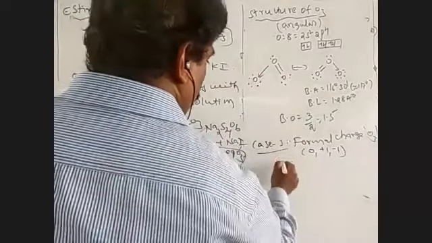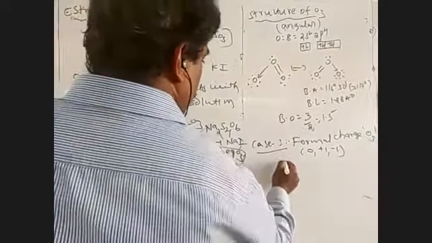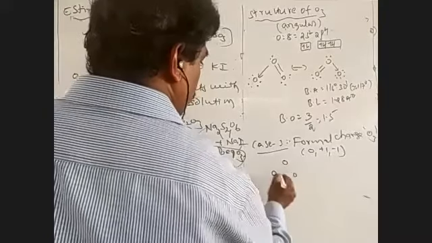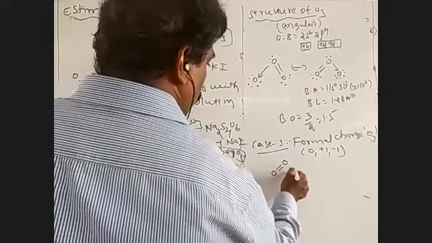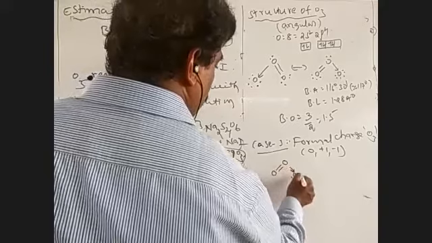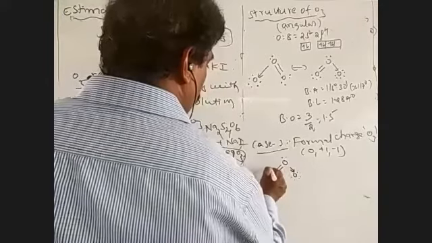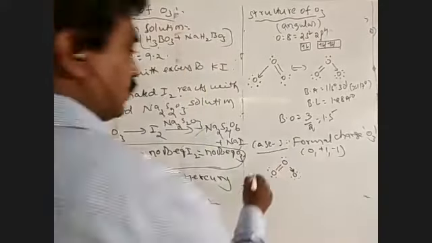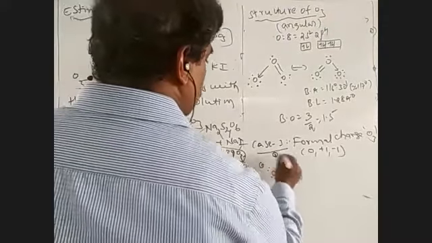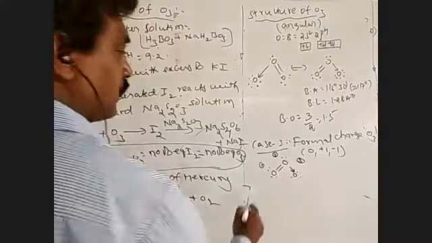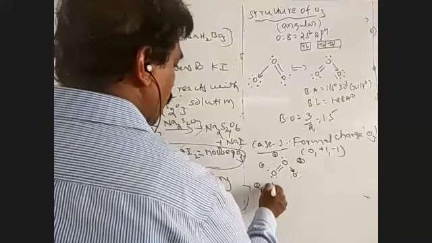The structure of ozone is like that. This is the structure of ozone, having a double bond, a dative bond, 3 lone pairs, 1 lone pair and 2 lone pairs. This is oxygen 1, oxygen 2 and oxygen 3. The formal charge of oxygen 1.